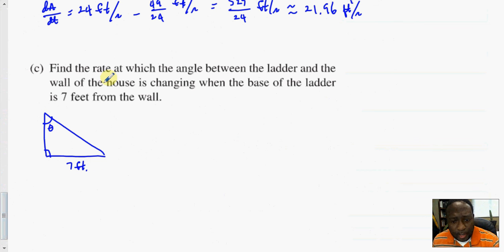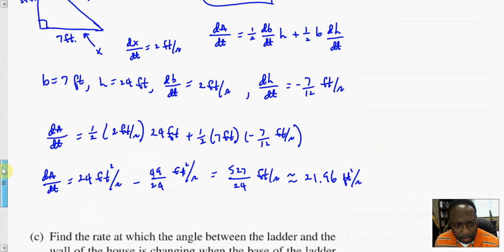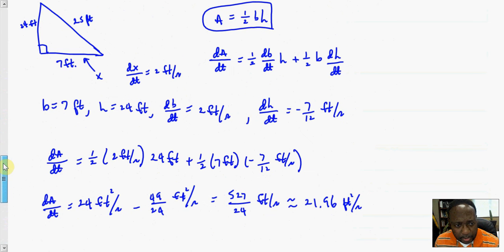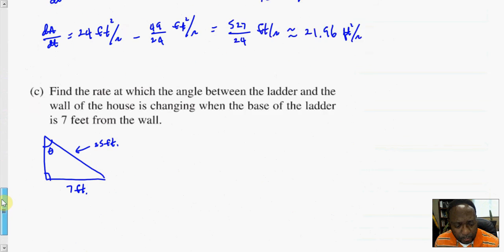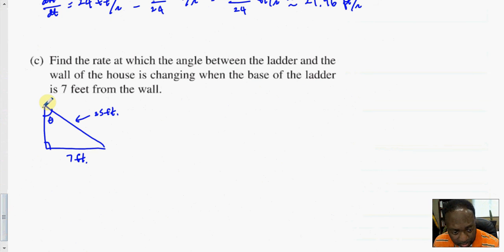It says find the rate at which the angle between the ladder, and this is the ladder again, and this is 25 feet. That's fixed. If the base was 7 feet, we had found before, based on the same problem, that the height, the side of the wall, is 24 feet. Right, 24 feet.